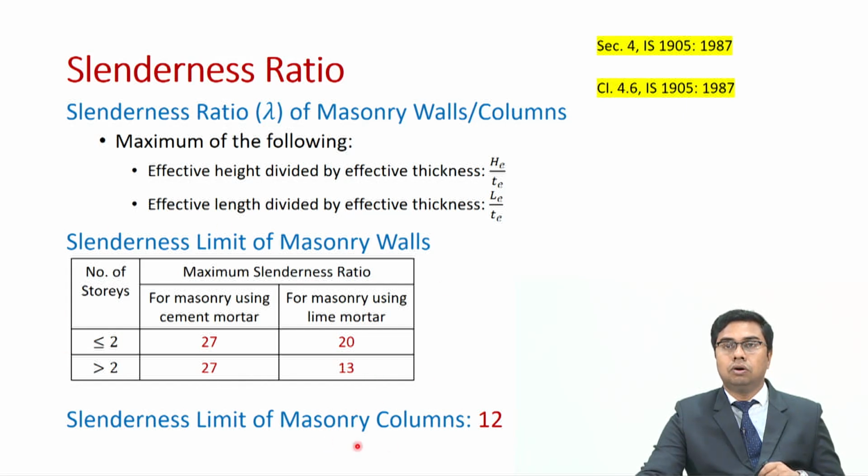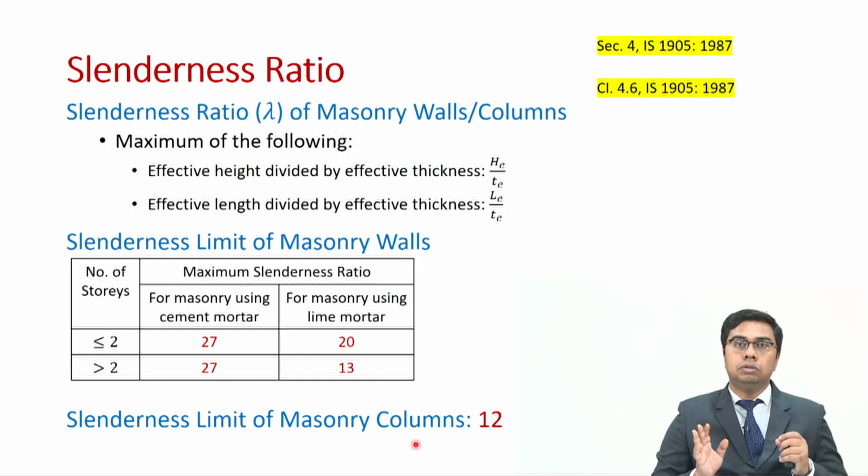In case of masonry columns, recall masonry columns were defined as those masonry elements in which the length to thickness ratio was less than 4.